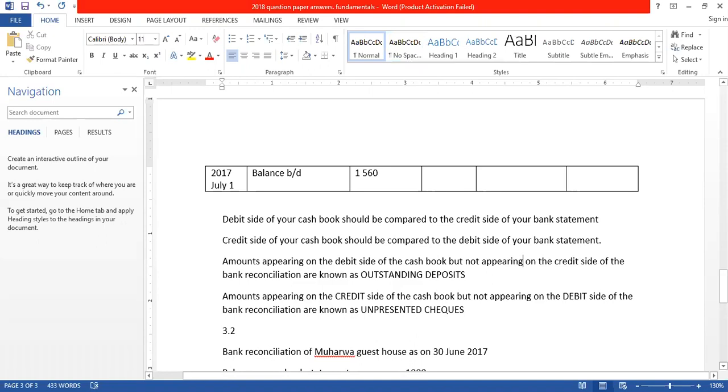Question 5 is on incomplete records. So question 4 is on non-governmental organizations, and question 5 is the incomplete records. Now, this question paper covered almost 80% or 90% of your course outline. So it's very important that you are familiar with all the topics on your course outline, because this question paper covered almost the whole course outline.